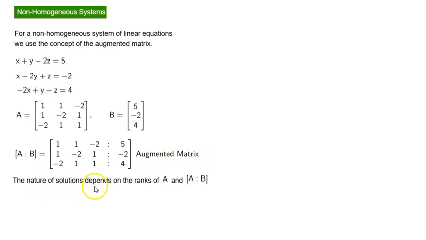The nature of solutions depends on the ranks of A and the augmented matrix. Remember, we can always evaluate the rank of a matrix, and ultimately this is also a matrix, so we can also evaluate the rank of this augmented matrix.